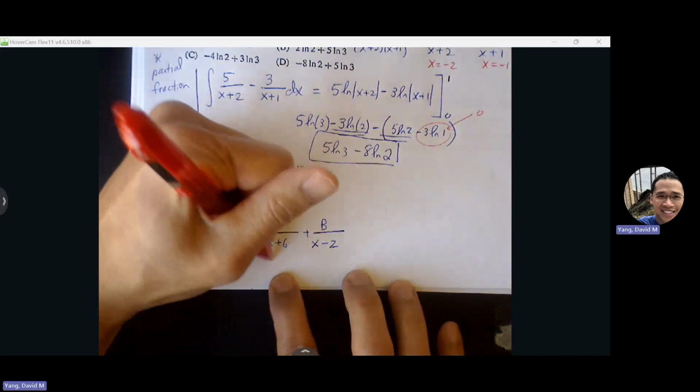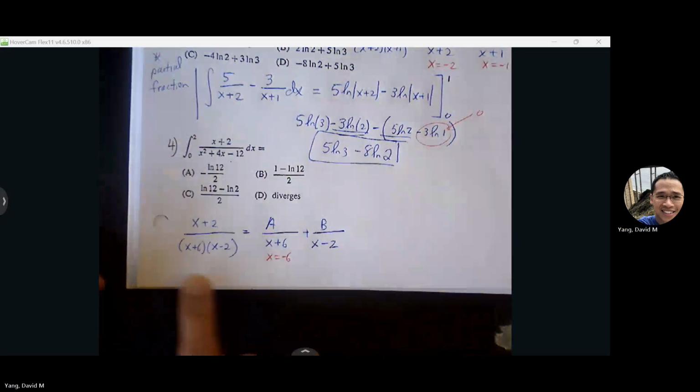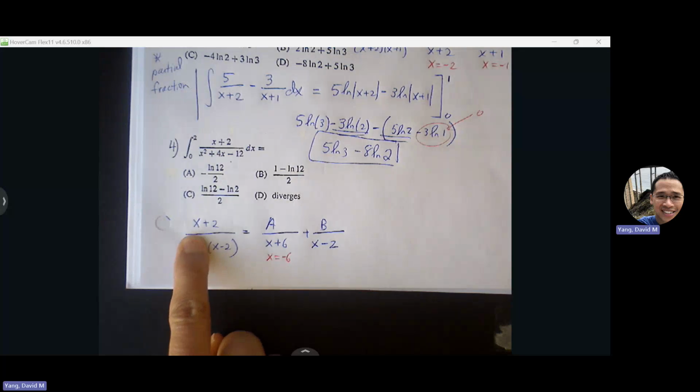Okay, so there's a factor at negative 6. Plug negative 6 in for all the x's, I get negative 4 over negative 8. Plus 2.